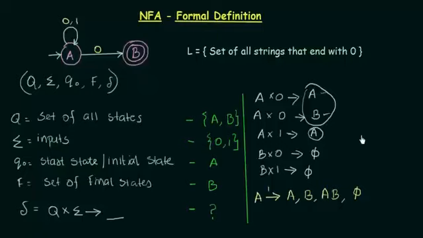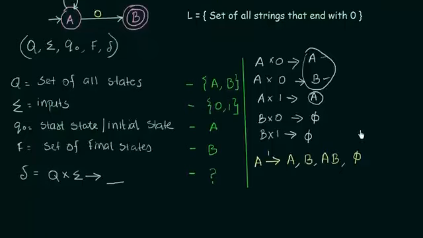Now let's take another example. Suppose we have three states, which are A, B, and C. Now in this example, suppose in state A we get a particular input. So what are the possibilities to which A can go?